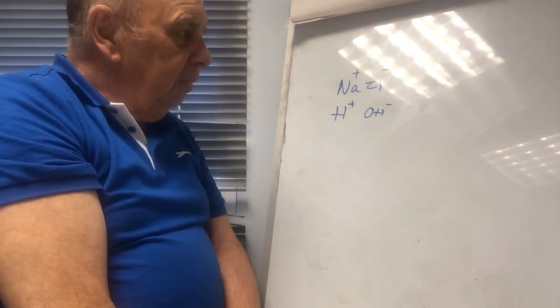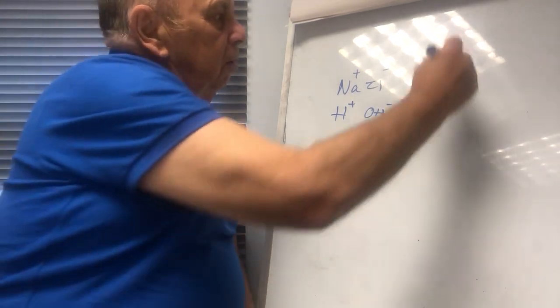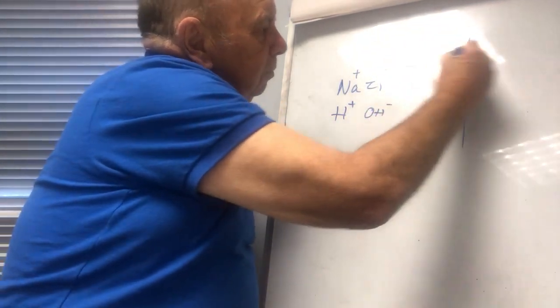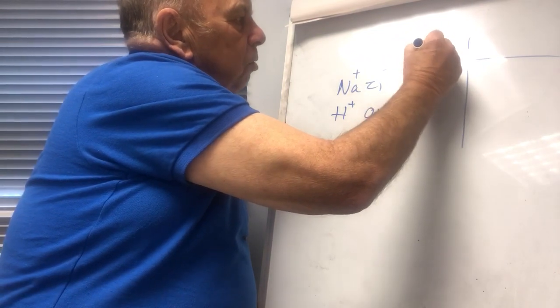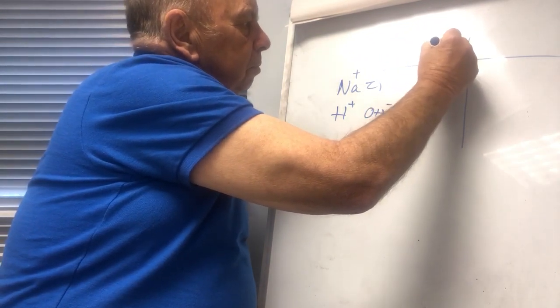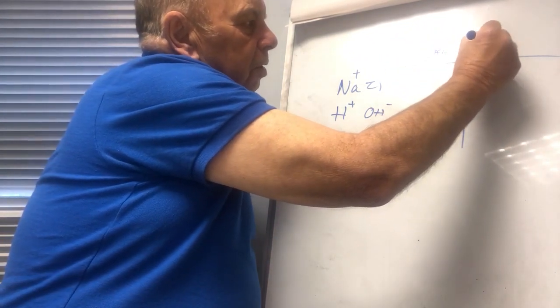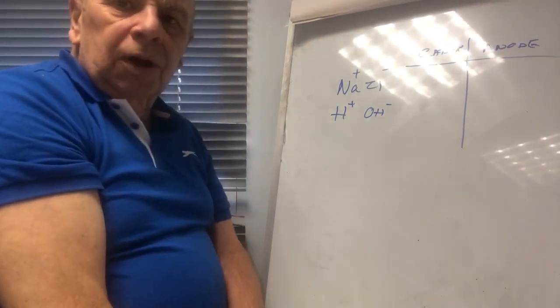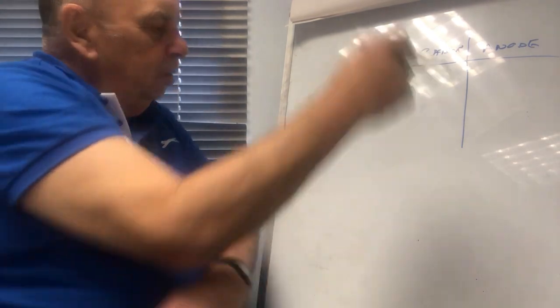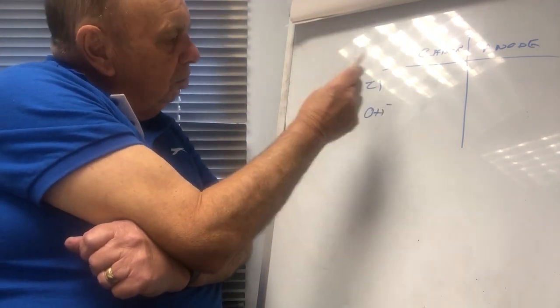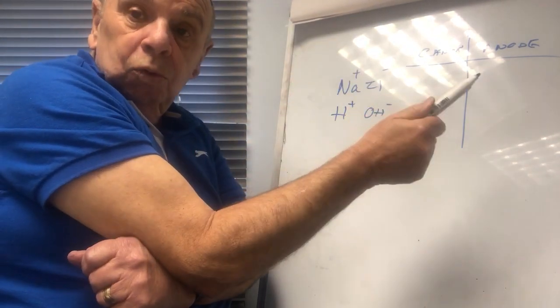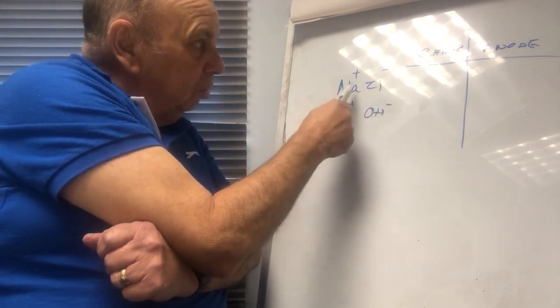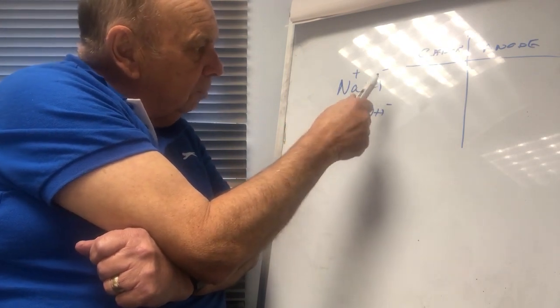So here's my two electrodes. Here's the cathode, and here's the anode. This is what happens when I electrolyze salt water solution, sodium chloride solution.